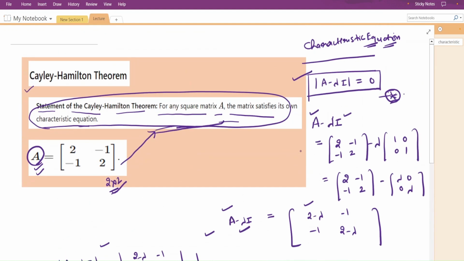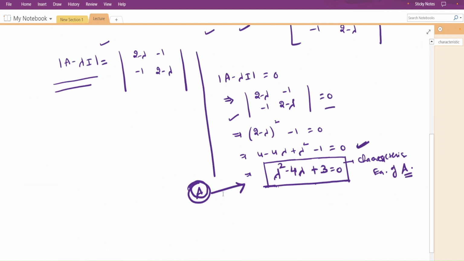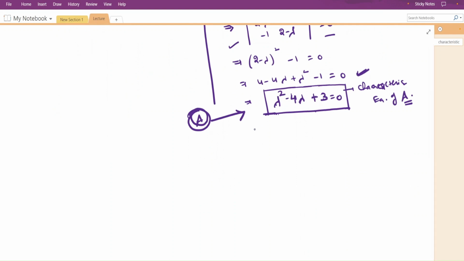As per the statement, every square matrix satisfies its own characteristic equation, right? So this is the modified form of the characteristic equation. How can I prove it, how can I verify it? The characteristic equation is lambda square minus 4 lambda plus 3 equal to 0.